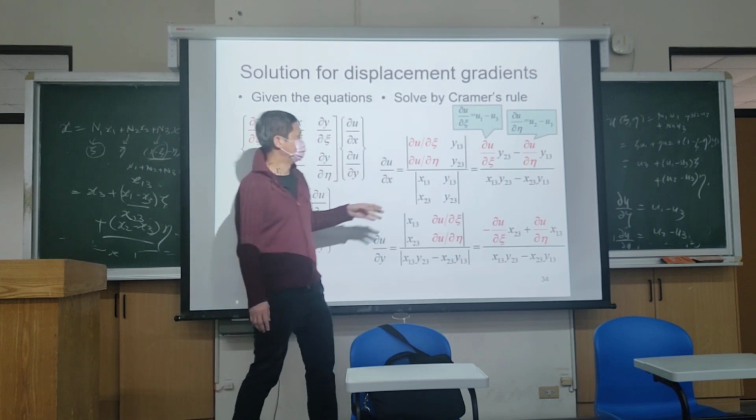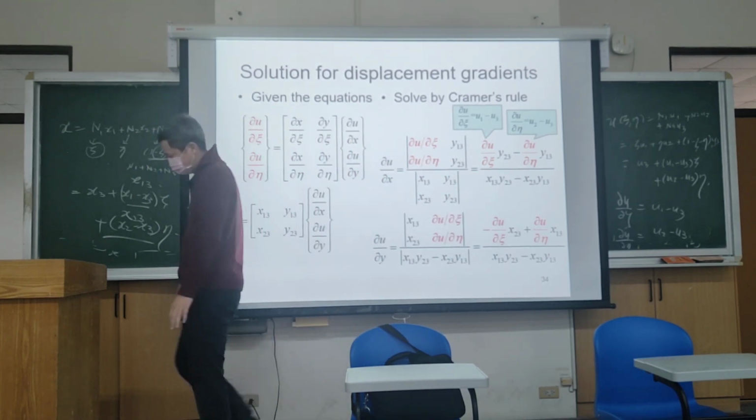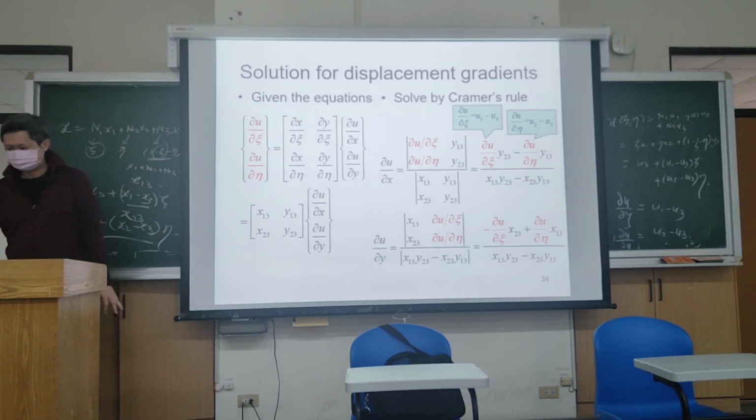So now you are able to find the displacement gradient in the physical coordinate from the displacement gradient in the natural coordinate.